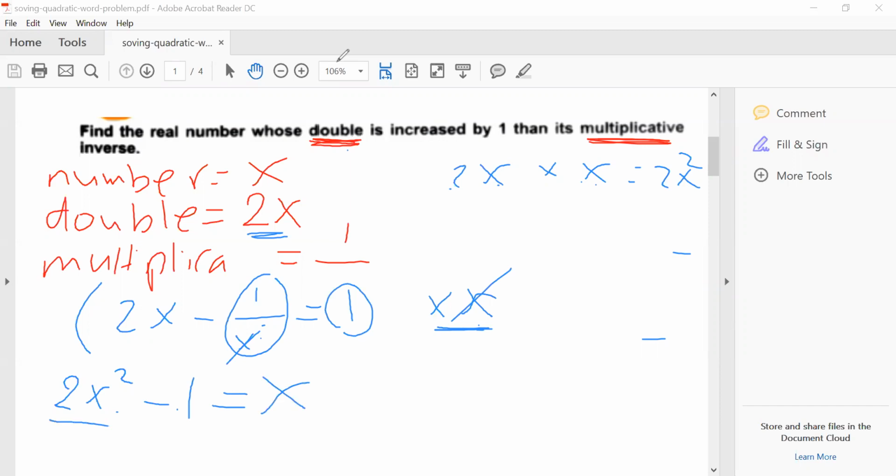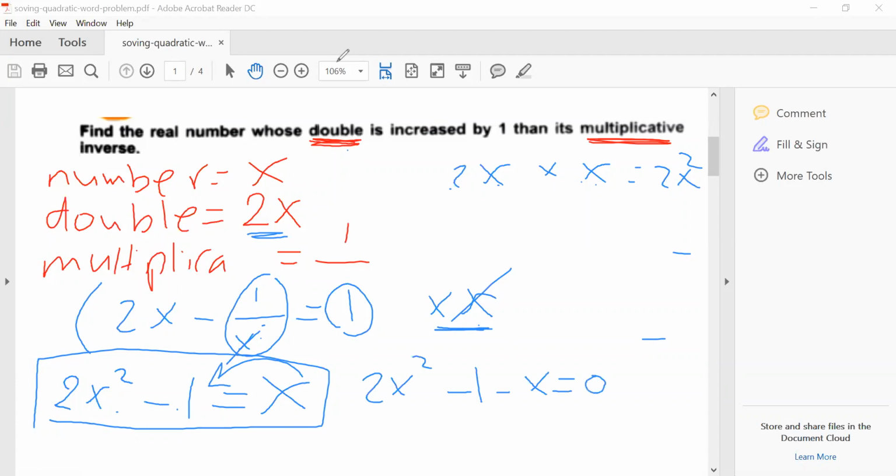After multiplying the whole equation by x, it becomes 2x square minus 1 equals x. Put x inside and arrange: 2x square minus x minus 1 equals 0.